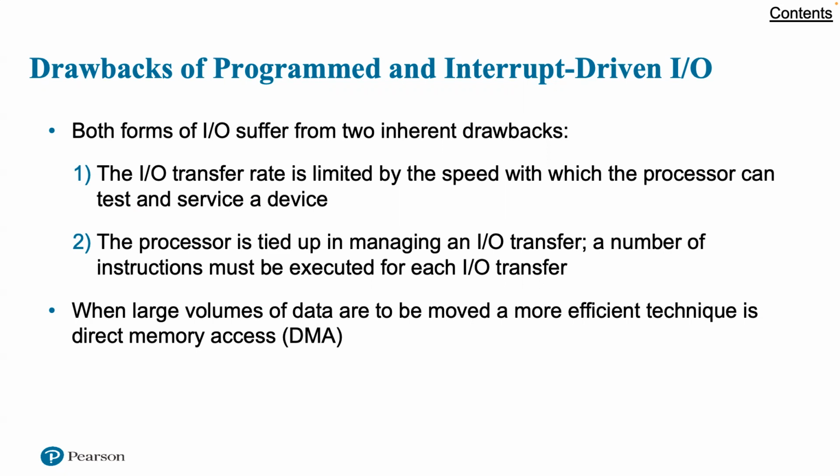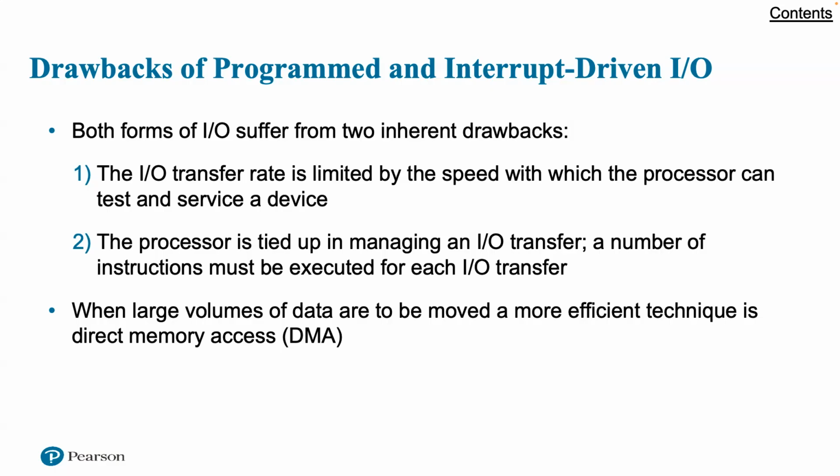So this referred to figure 8.5. There is somewhat of a trade-off between these 2 drawbacks. Consider the transfer of a block of data. Using simple programmed IO, the processor is dedicated to the task of IO and can move data at a rather high rate, at the cost of doing nothing else.